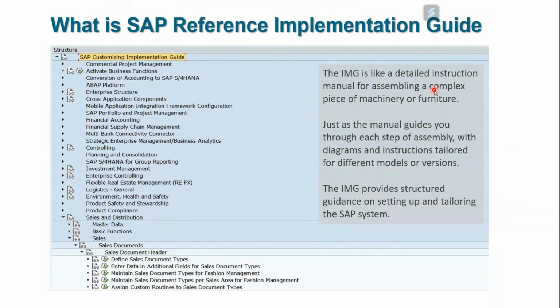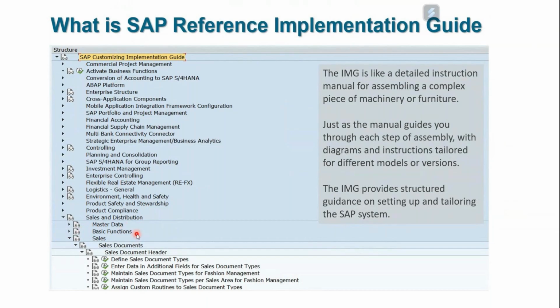Okay, and so I put an analogy here. This analogy is basically, you have a complex piece of machinery or furniture. So think of this IMG or this implementation guide as a guide or steps which guides you through the various things that you need to do.